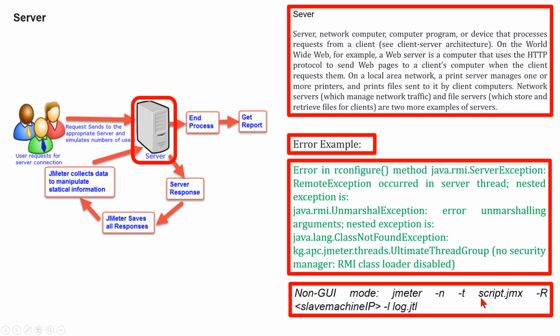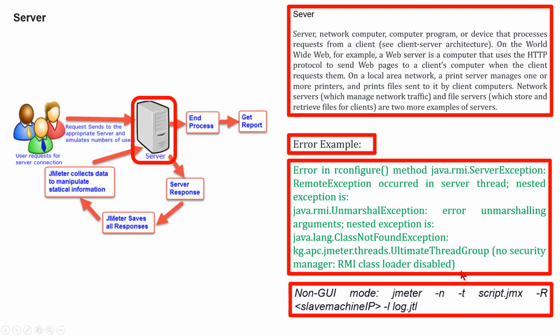As an error example, we can consider this error occurred when JMeter is running in non-GUI mode: jmeter -n -t script.jmx -r slave machine IP -l log.jtl.